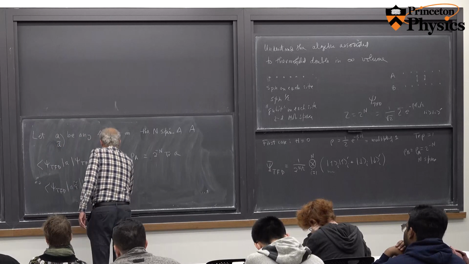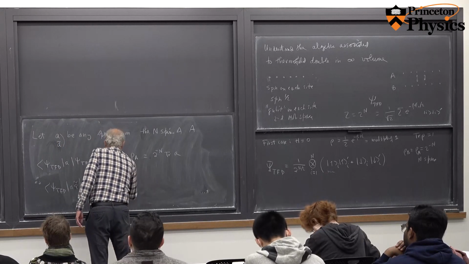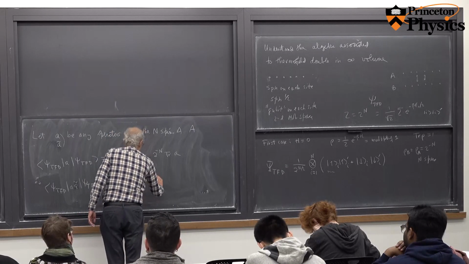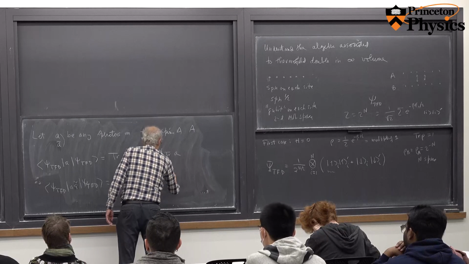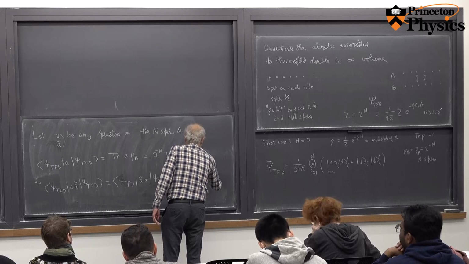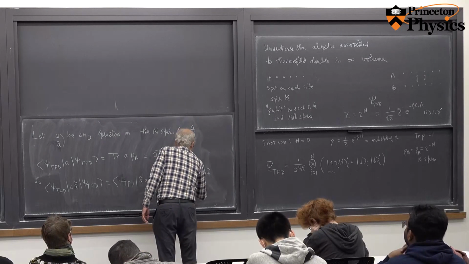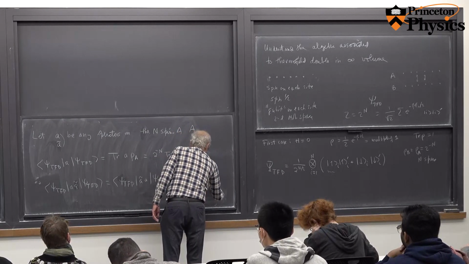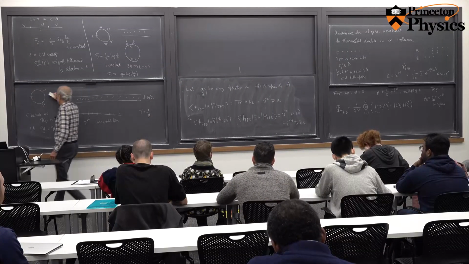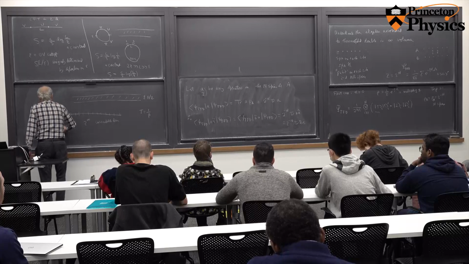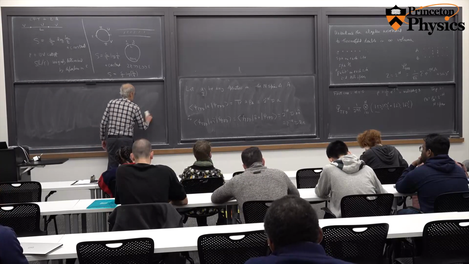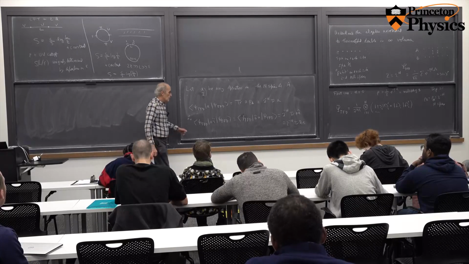You see, the expectation value of this product is the same as the expectation value of the same product in the opposite order, because they're both equal to 2 to the minus n times the trace of A Ã. Hopefully that's clear.